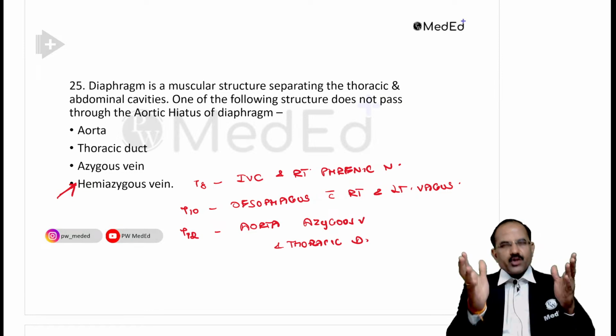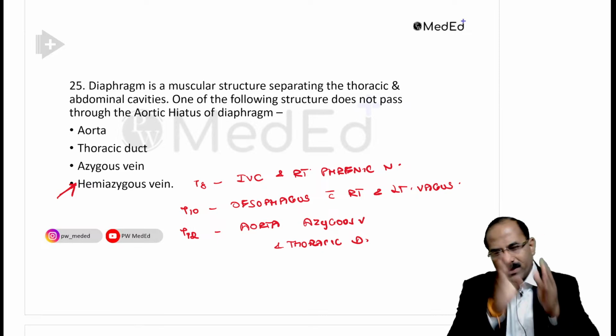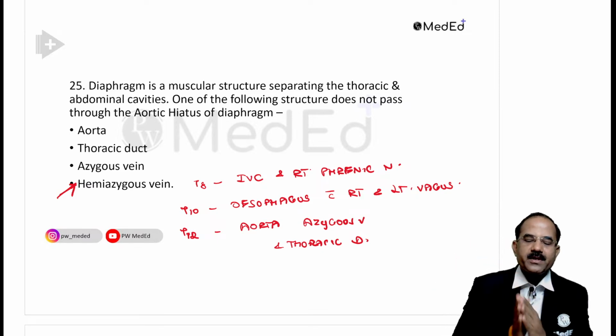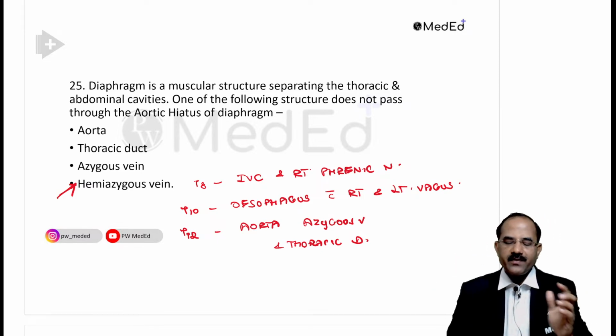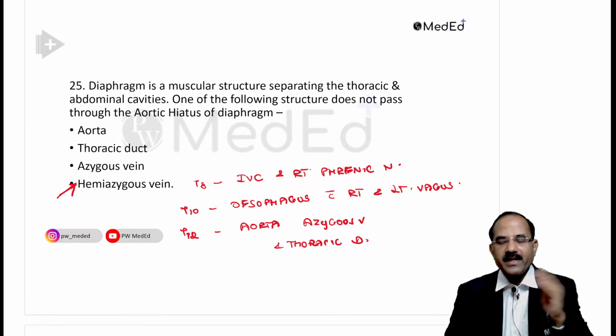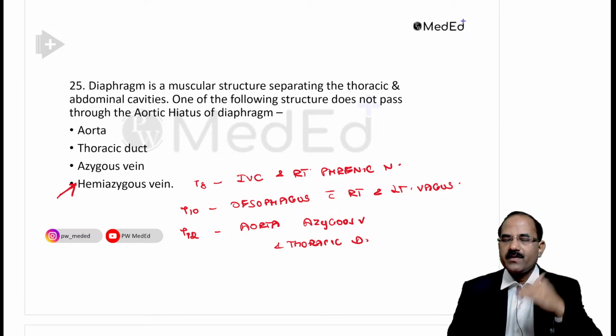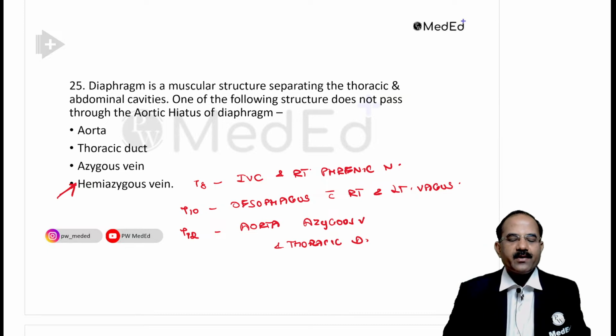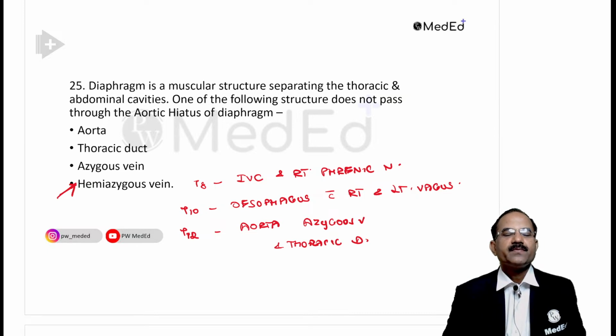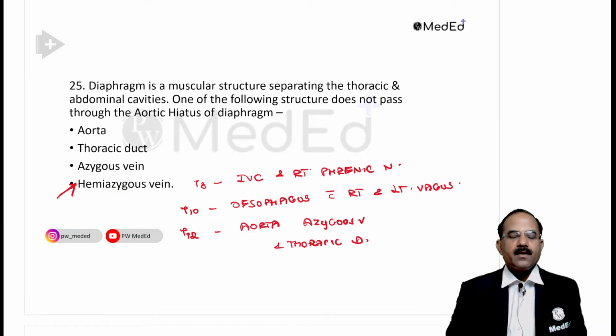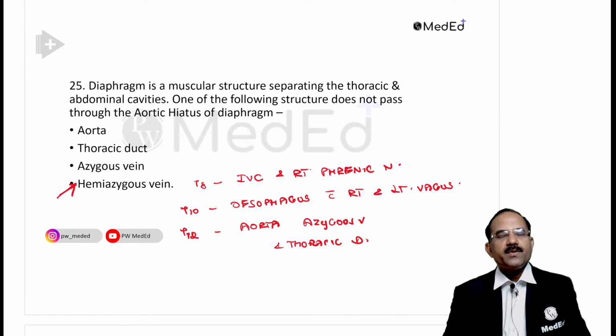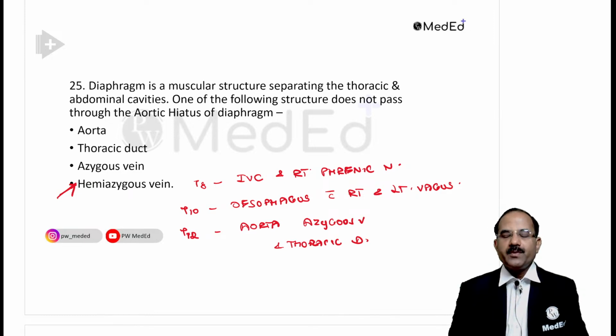So there are three major openings in the diaphragm: T8, T10 and T12. At T8 the IVC and the right phrenic nerve. At T10 the esophagus with the right and left vagus. And at T12 the aorta, azygous vein and the thoracic duct. Okay students, I hope everything is clear to all of you.